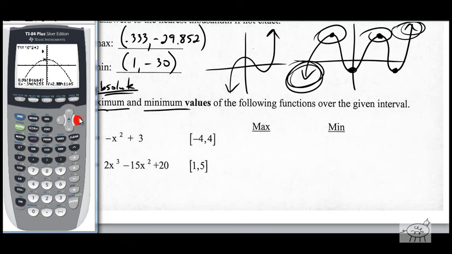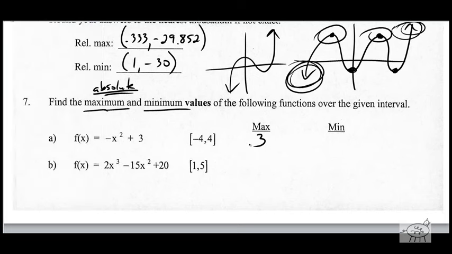To the right of that, hit enter, guess. You probably could have guessed it's 3 because 3 is your high point when x is 0, y is going to be 3. That's basically your vertex, right? Opposite would be over 2a. So anyway, my maximum value is 3.